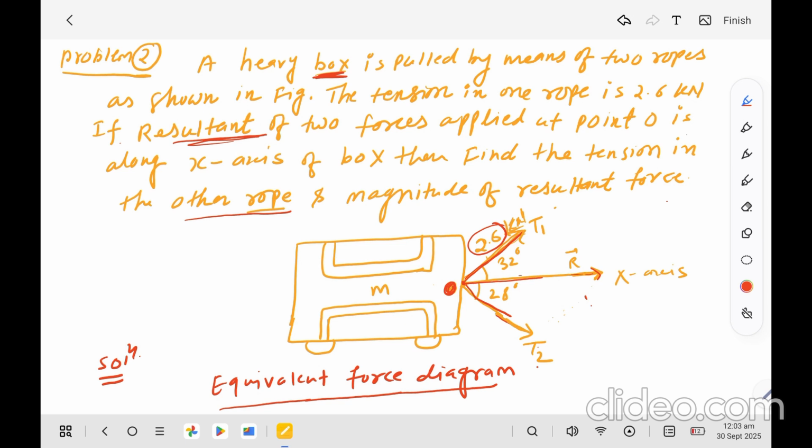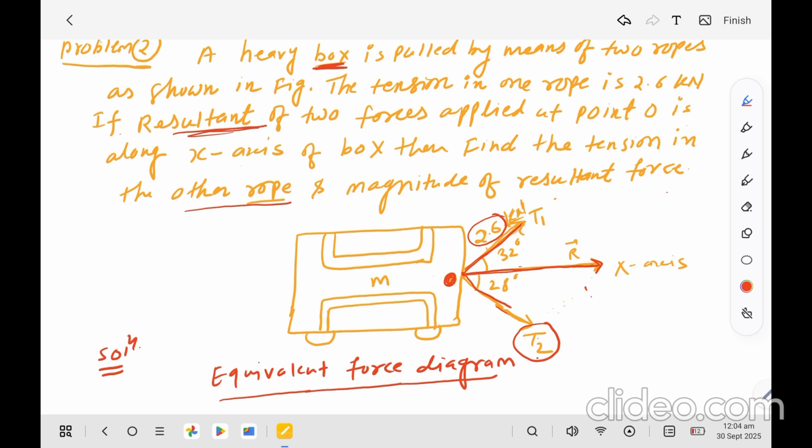If the resultant force of the two forces applied at point O is along the x-axis of the box, then find the tension in the other rope and the magnitude of the resultant force. So we have to estimate T2 and the magnitude of this resultant force.